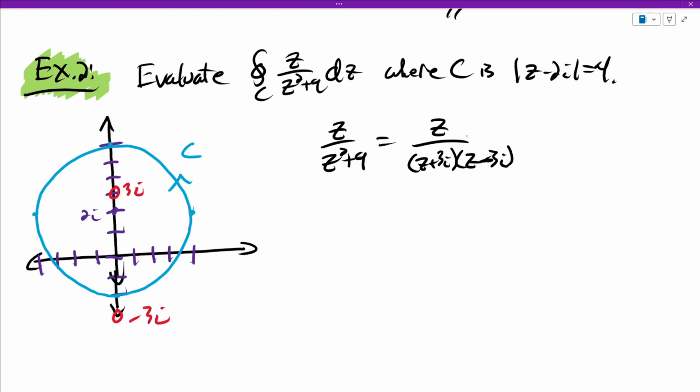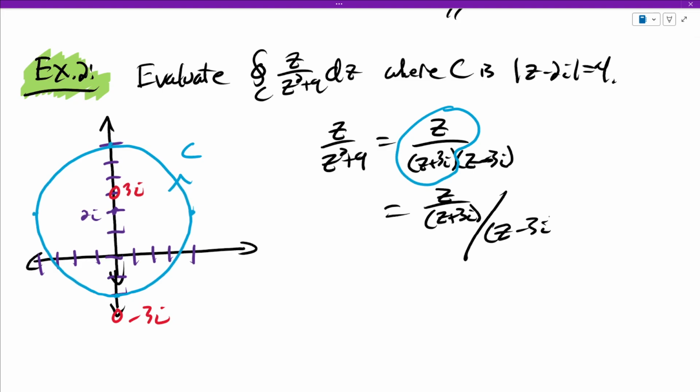So we can take the z plus 3i and sort of push it into the numerator of our function. So we can instead look at z over (z plus 3i), all over (z minus 3i). The big slash meaning the outside fraction has denominator z minus 3i.